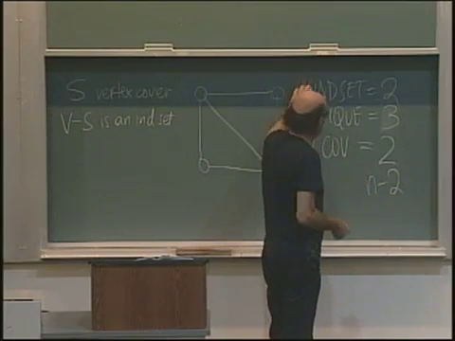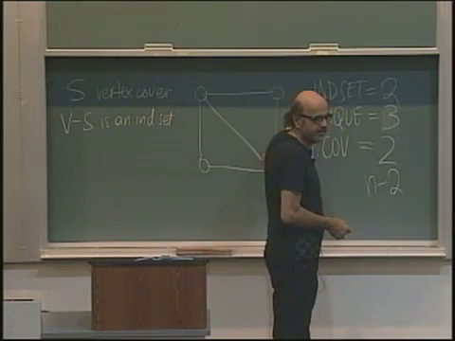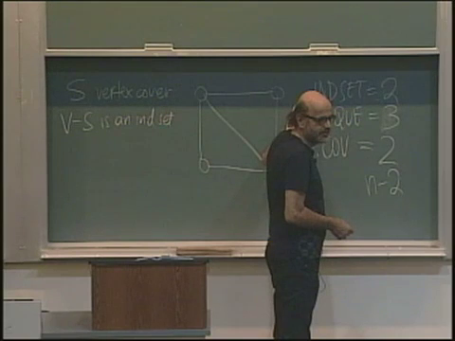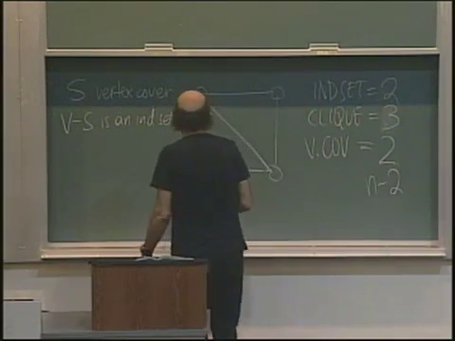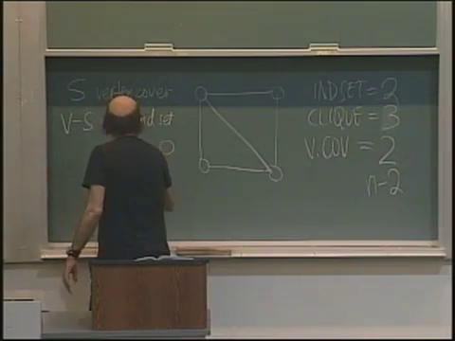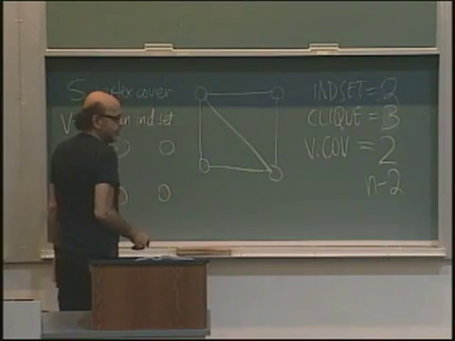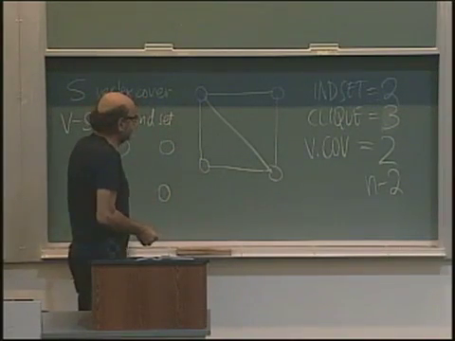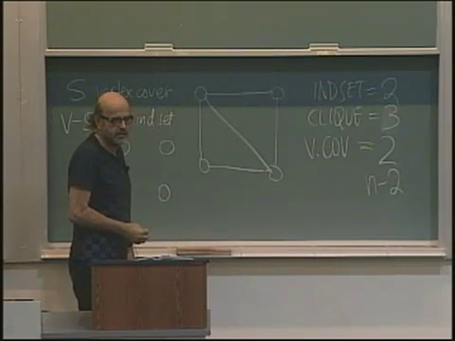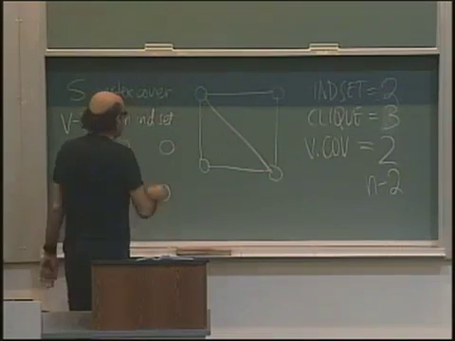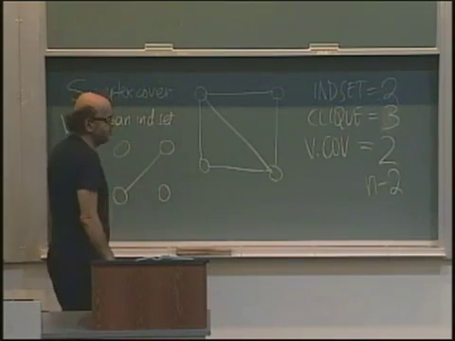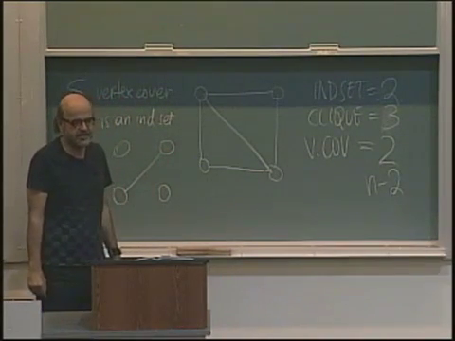To go from independent set to clique, what do you do? Here's what you do. You draw a new graph, and then you draw the edges that are missing from this graph. Okay? So, this is the only edge that is missing from this graph, okay?